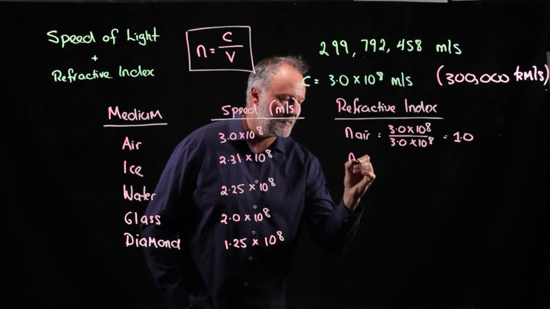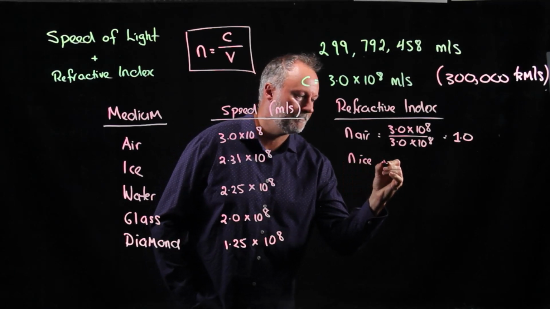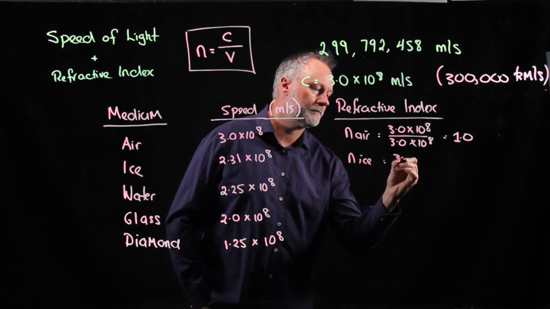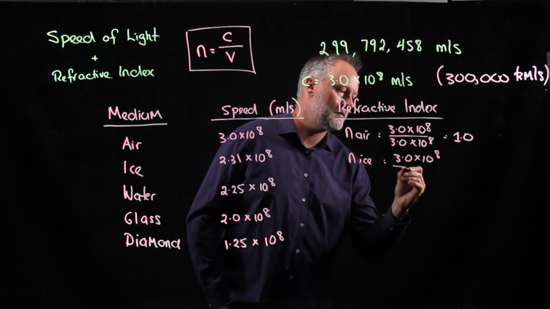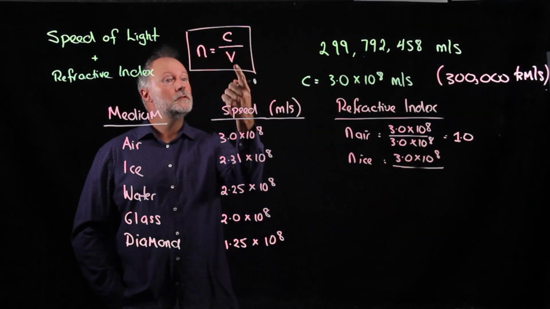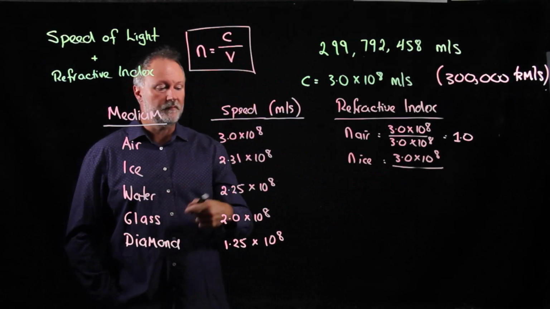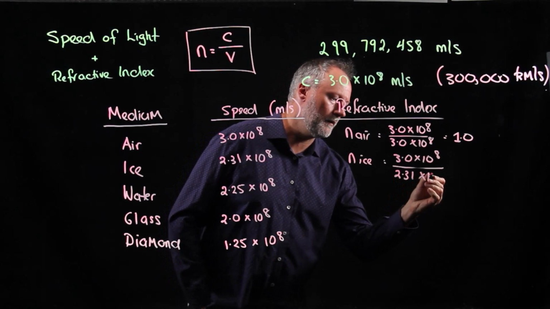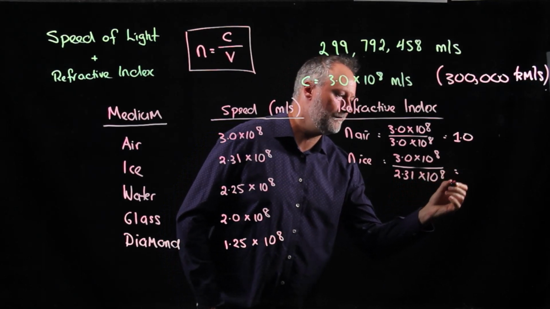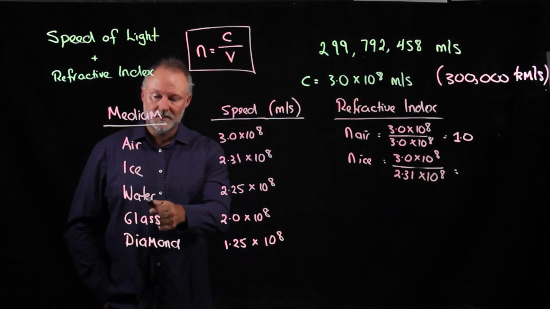So the refractive index for ice is going to again be the speed of light in air divided by the speed of light of that material, which was 2.31 by 10 to the 8. Same for water.